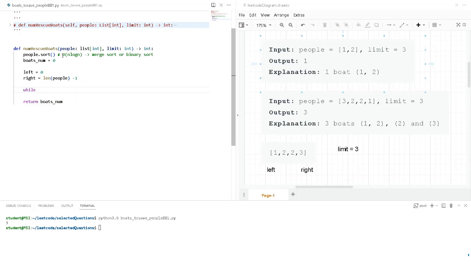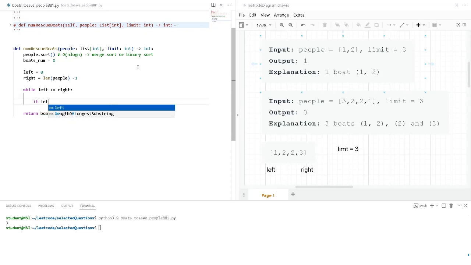So now we're going to use a while loop, and then we'll compare the left and right index numbers. In this case, as long as left doesn't cross the right, if they don't meet each other, then we still continue the looping, right?